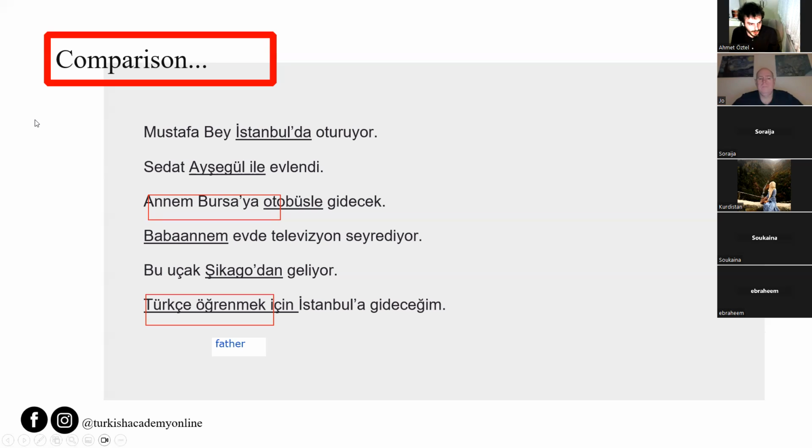Okay, now we have some sentences over here, and as you can see, I have some words that are underlined. It's going to be quite easy to apply this rule, but we can also think about the scenario, the actual meaning of the question.